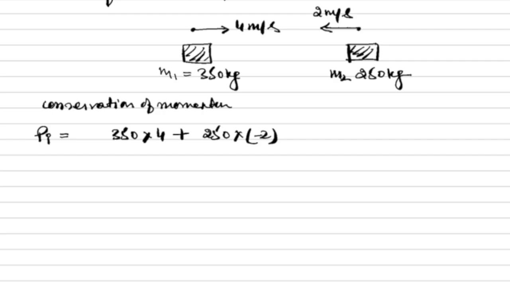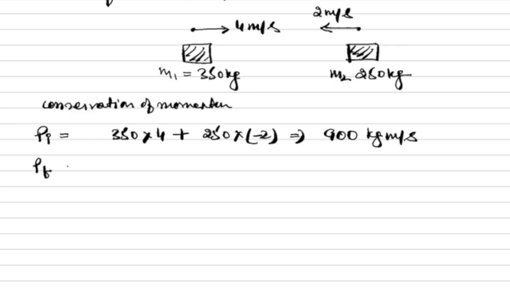I will take consideration of minus always when we are calculating the momentums. So let me calculate that. It is 350 into 4 minus 250 into 2, 500. That will be 900 kilogram meter per second.